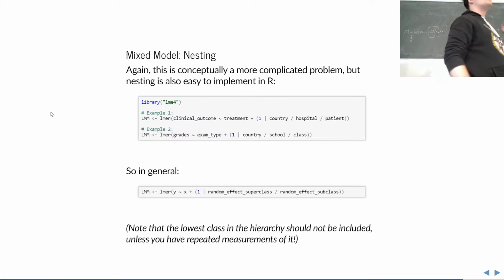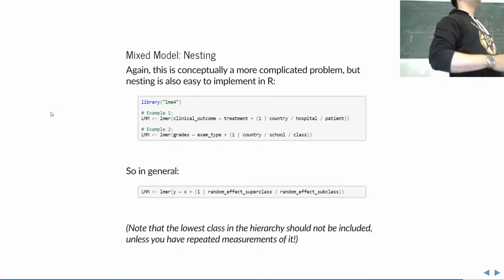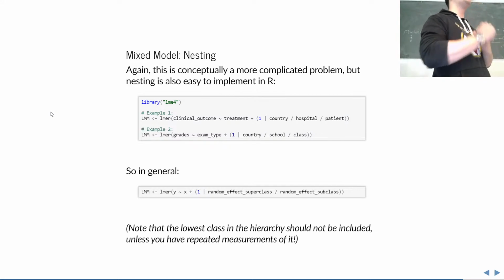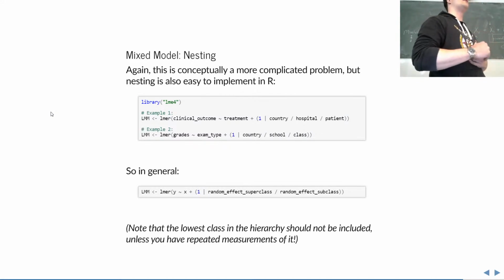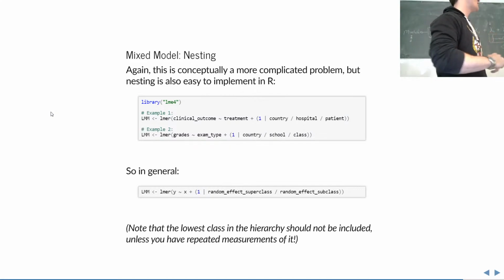But remember, the reason we're doing this is not so much for efficiency purposes, but to model dependency. Because I could just omit this, but then I would have a model that gives incorrect standard errors, incorrect p-values and incorrect confidence intervals, because there's dependency in the data, and that violates a fixed effect model's assumptions.